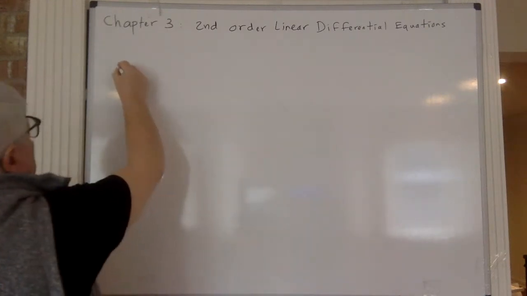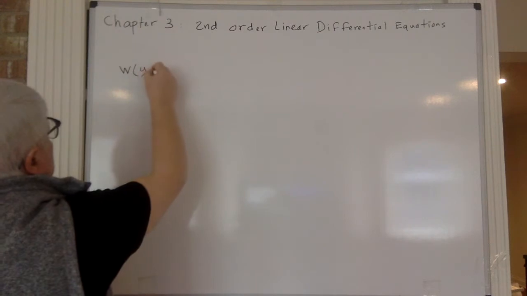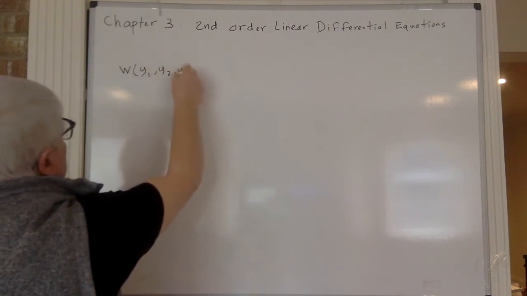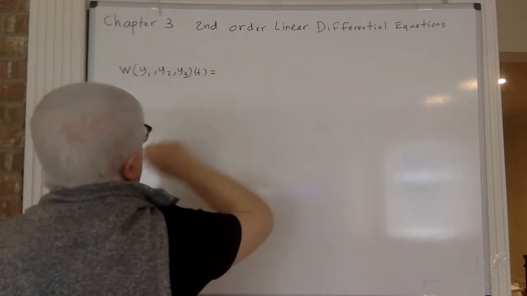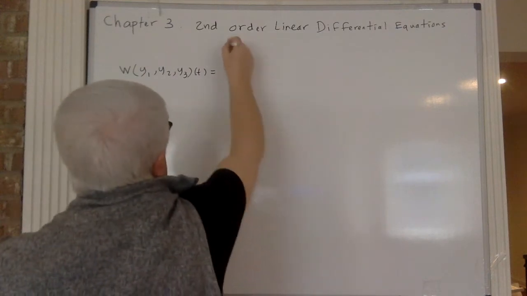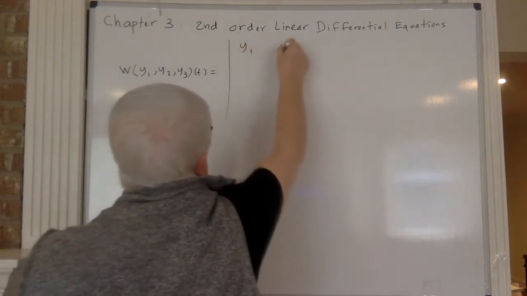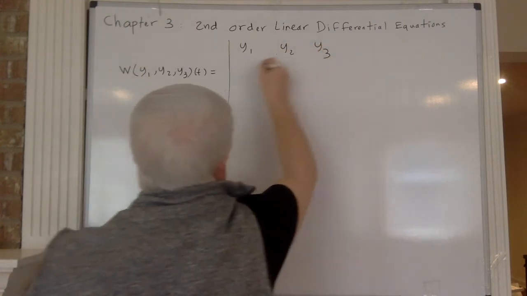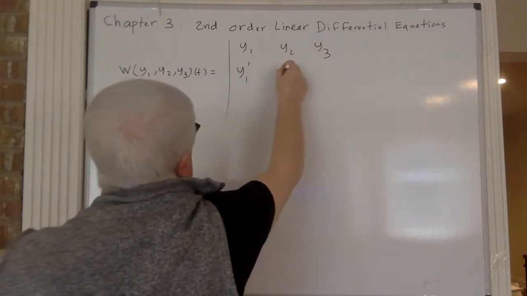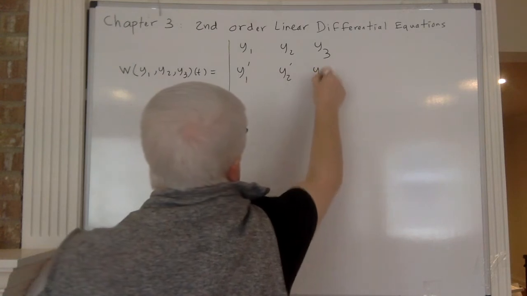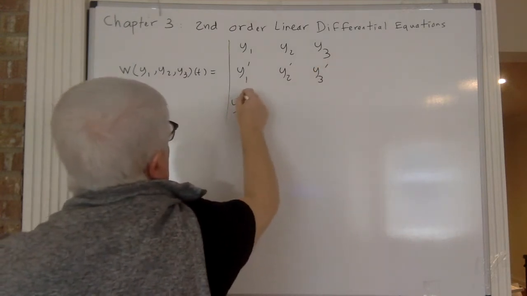The Wronskian for these three functions is the determinant of this. So let me just write the determinant: y1, y2, y3, y1 prime, y2 prime, y3 prime, y double.